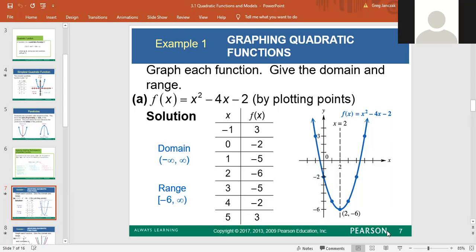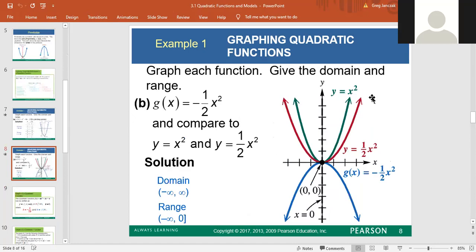And so this would be -6, and it keeps going up to infinity. Okay, so here in green is a positive x squared. Notice it opens up, and with y equals 1/2 x squared in red, notice it widens out.